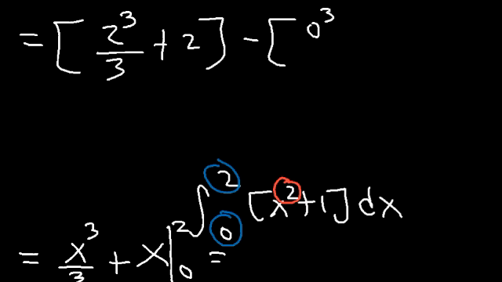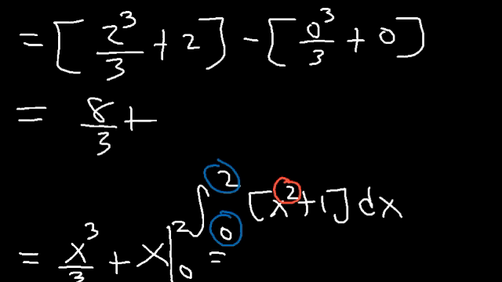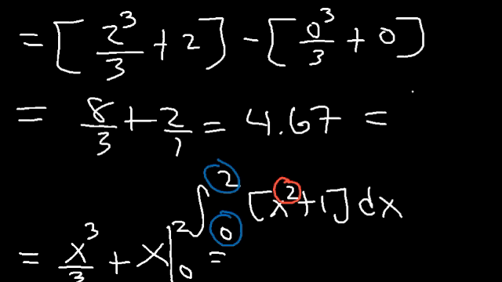So 0 to the third divided by 3 plus 0. 2 to the third is 8. And 0 cubed plus 0 is simply 0. So the answer is 8 over 3 plus 2, which, let's get the decimal value for that. So this is equal to about 4.67. The exact answer is 14 over 3.